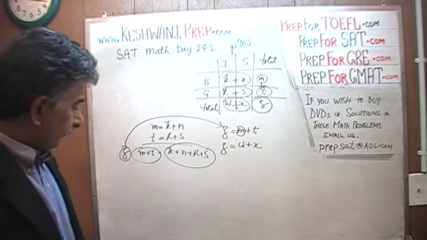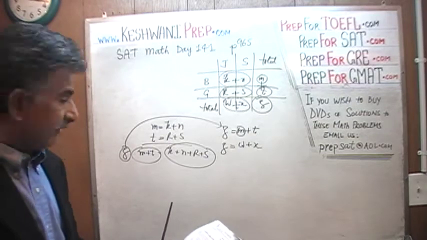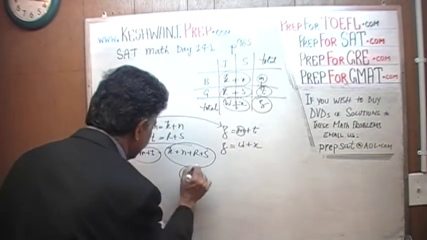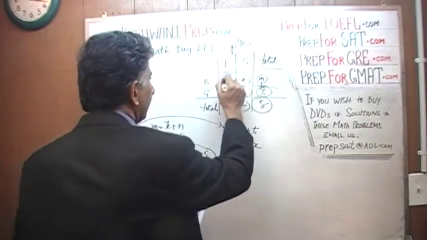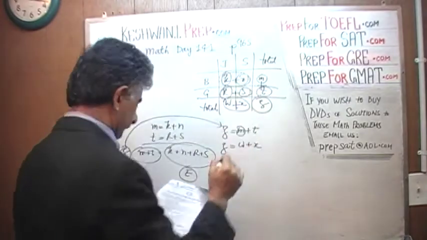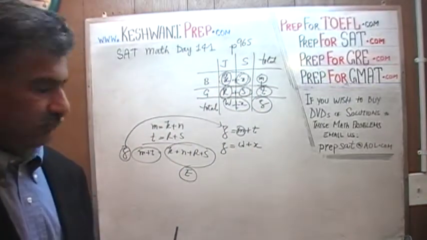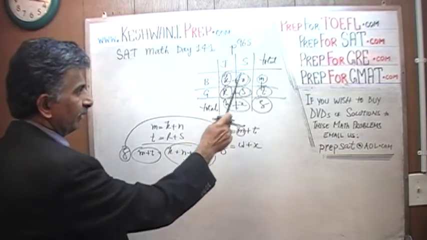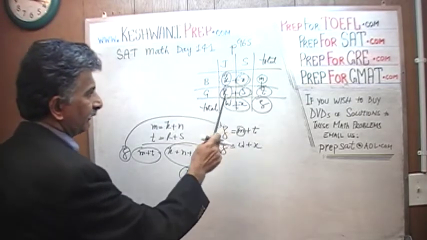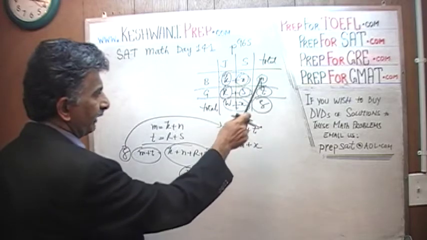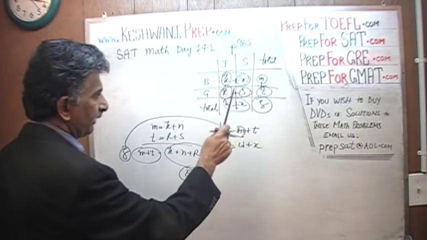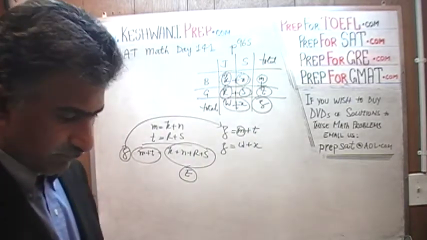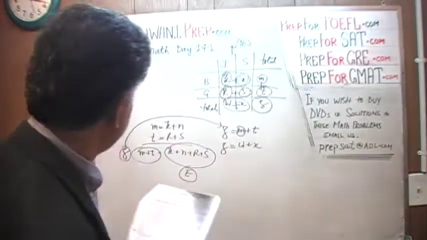Therefore, the answer choice E is the sum of K plus N plus R plus S, and that also equals Z. One more time, M equals K plus N, T equals R plus S, therefore Z, which is M plus T, must equal K plus N plus R plus S. The answer is E.